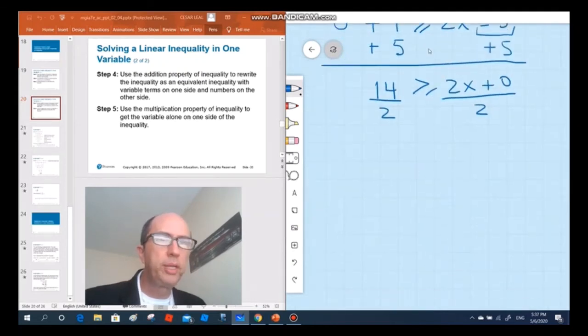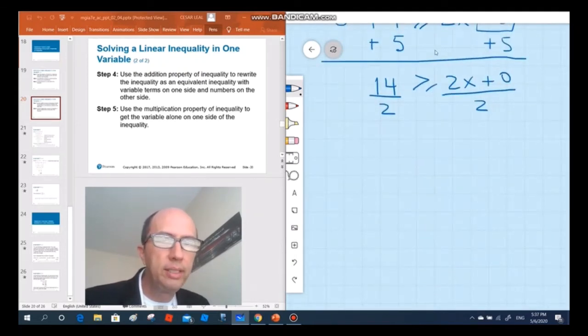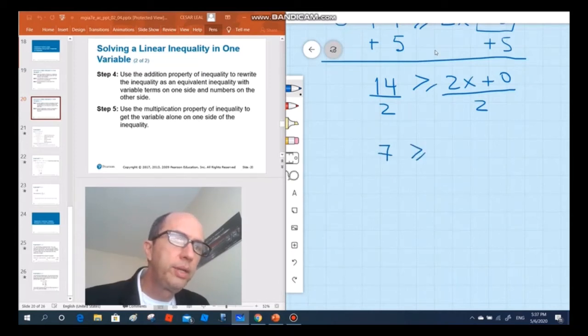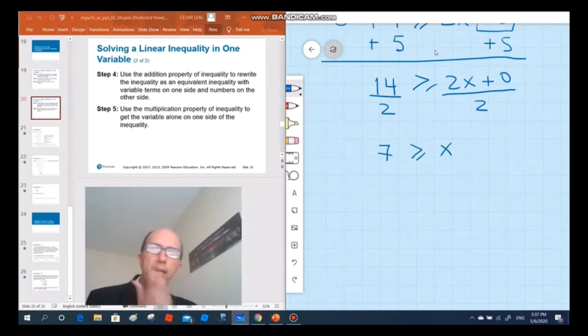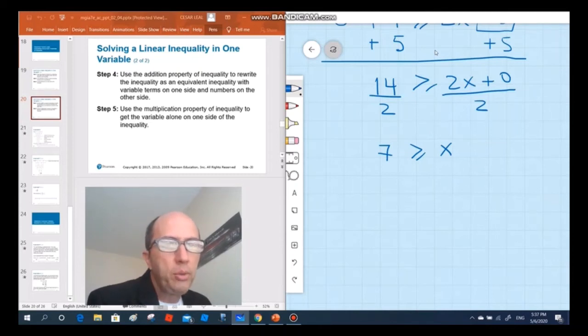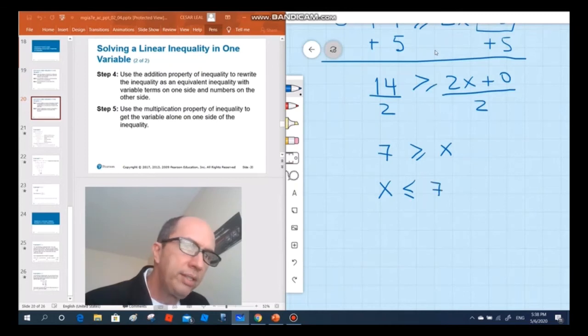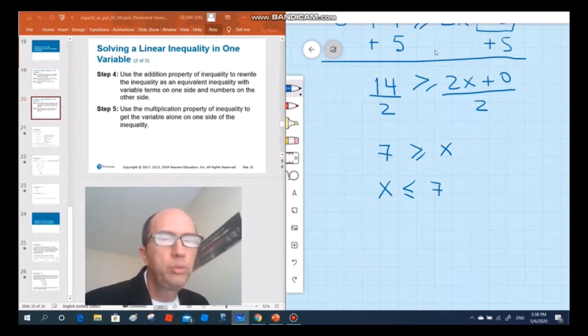And if you divide both sides by 2, you're going to have 14 divided by 2, 7, greater or equal than 2x divided by 2, x. 7 is greater or equal than x. That means that x is less or equal than 7. It's the same thing, right? Remember, when you change the position of x, you need to change also the inequality. The inequality here is pointing to x. Here needs to keep pointing to x.